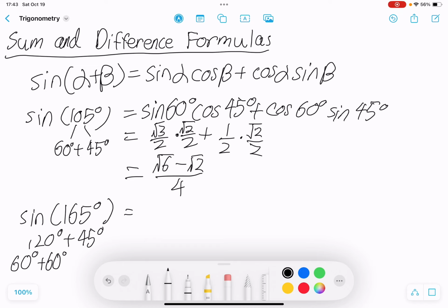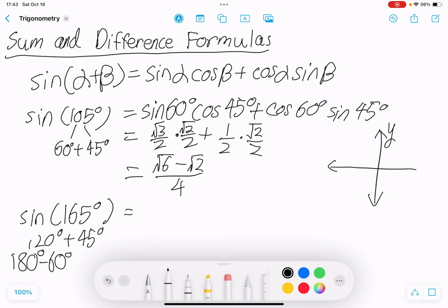We also already learned our unit circle properties and our trig properties. So we know that 120 is just 180 minus 60, right? So we draw the unit circle, even if we forgot about this property.